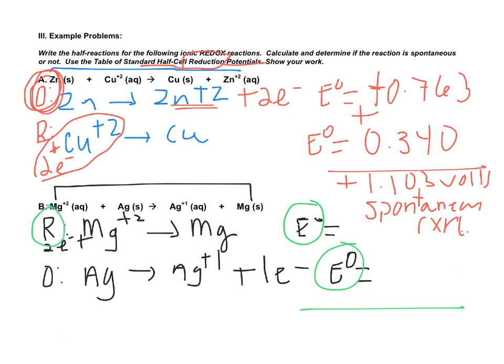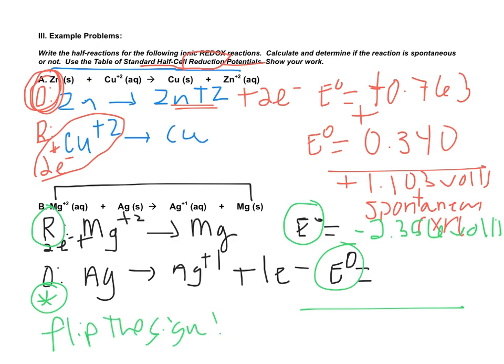Remember, I personally like to start with reduction because that's what's given to me on the chart. So I'm going to look for magnesium plus 2, kind of near the top, and it has a negative 2.356 volts associated with that. And for oxidation, what do we do for oxidation on a reduction-only chart? We flip the sign.